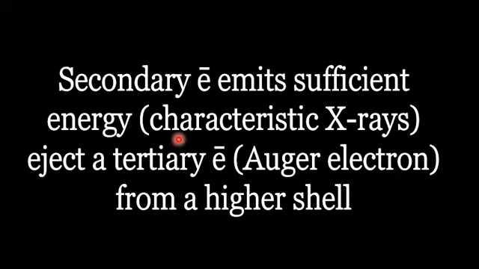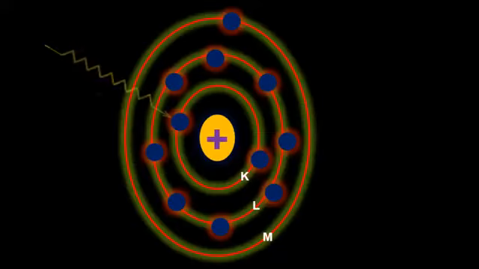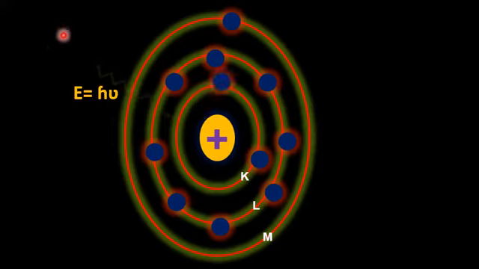If the characteristic X-ray energy is higher than the binding energy of any other electron present in higher energy levels or shells, then the characteristic X-rays will eject that tertiary, or third, electron from the higher energy level, and such an electron is known as an Auger electron. This can be presented like this. Consider this is the electron beam which is incident on a core shell electron.